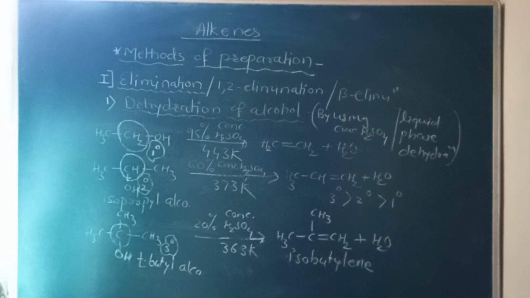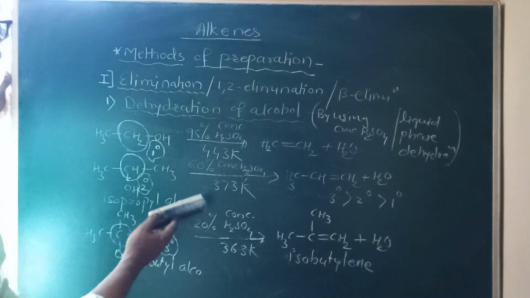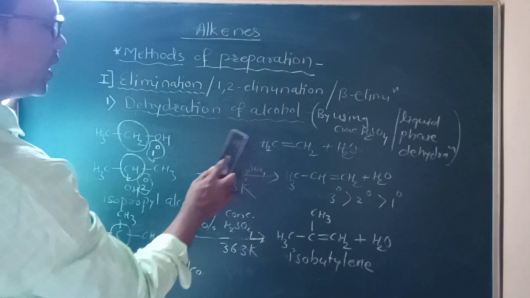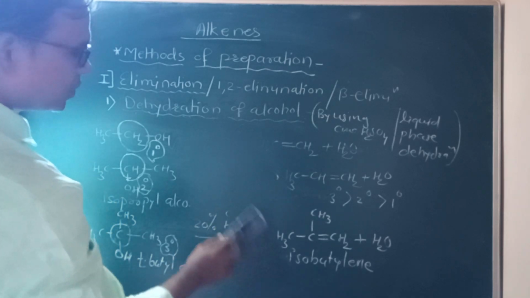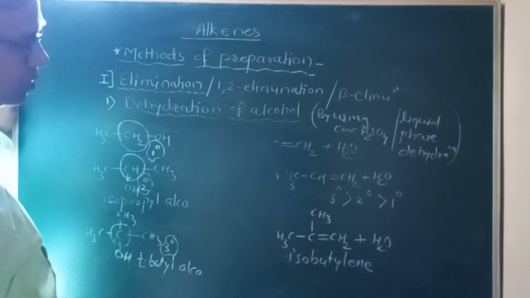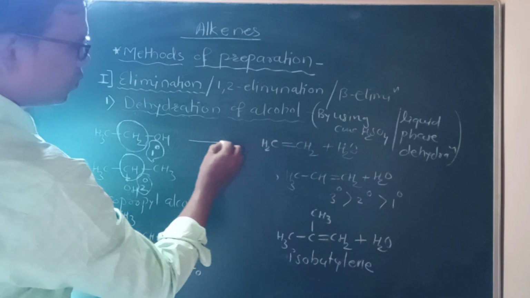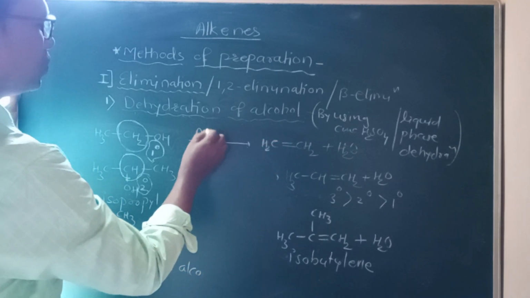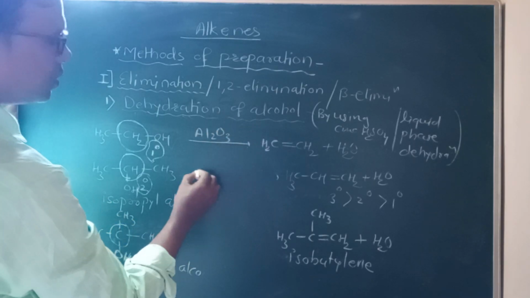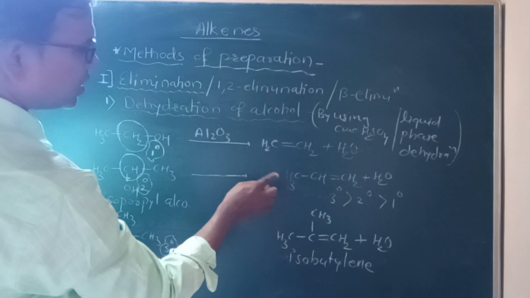Follow? Good. Now let's see dehydration, again the same dehydration of alcohol, but by using another reagent. The other reagent is alumina, Al2O3. With this dehydrating agent, some interesting conditions are here.